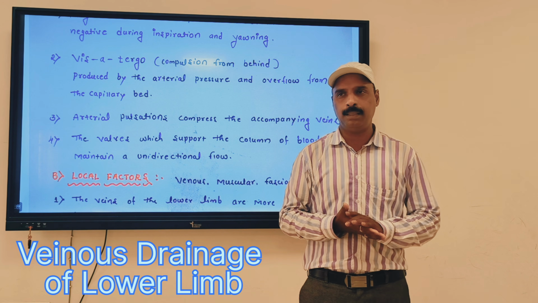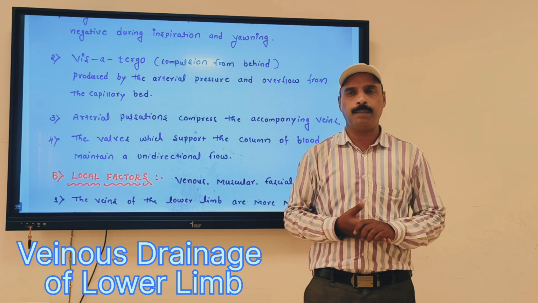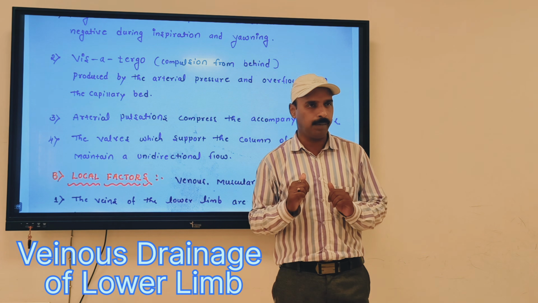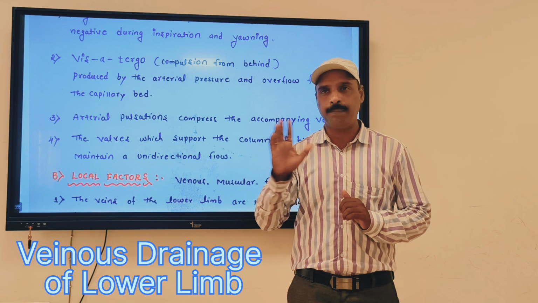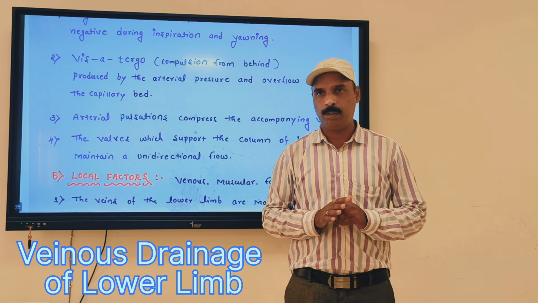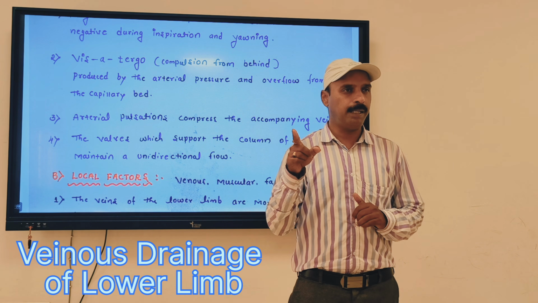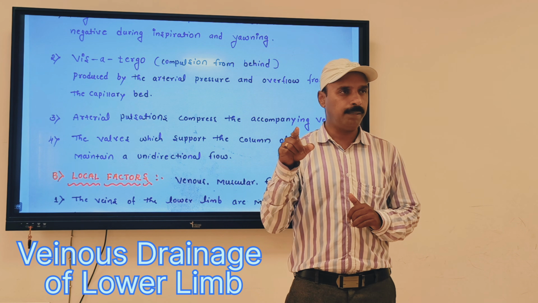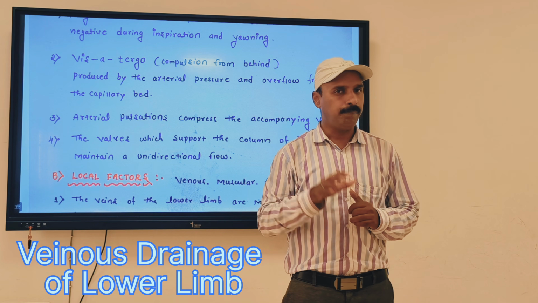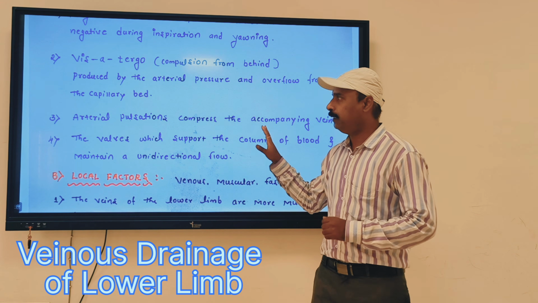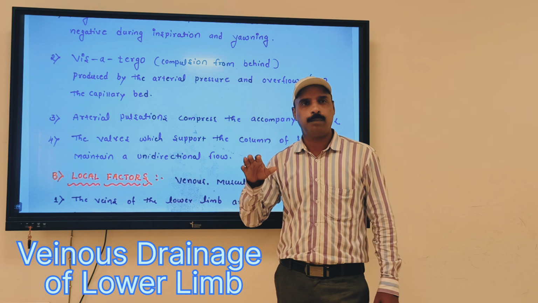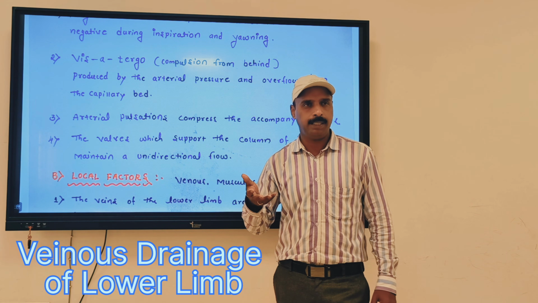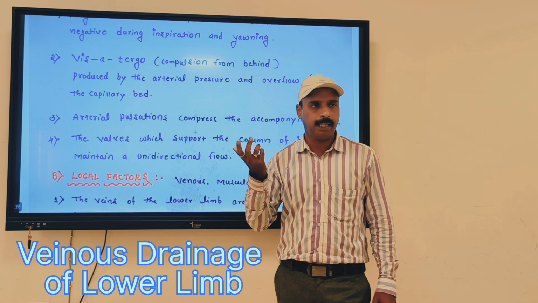The question will be asked: what are the factors responsible for the venous return of the lower limb? What are the factors responsible for the venous return of the upper limb is not asked. A short note can be asked on the axillary vein, basilic vein, cephalic vein, median cubital vein. But here, why it is important I have told: because of the low pressure, venous blood has to ascend against gravity.